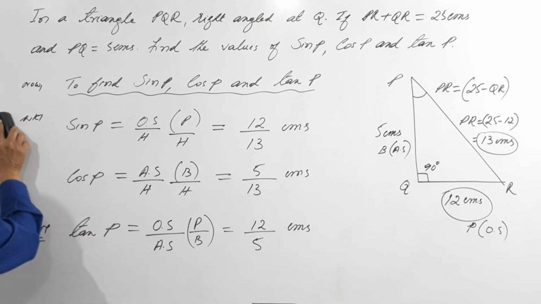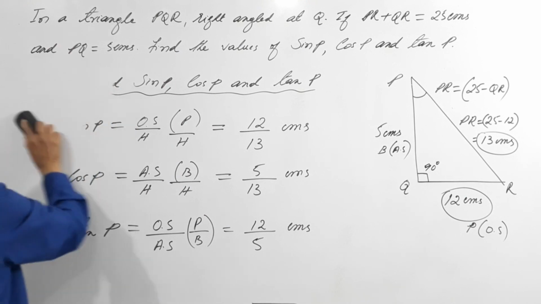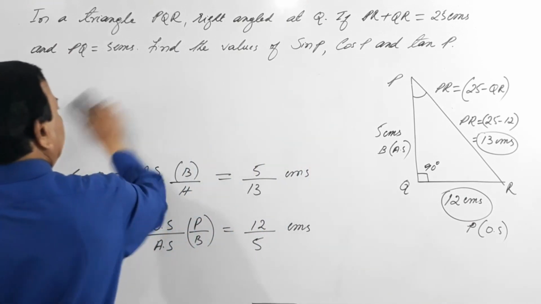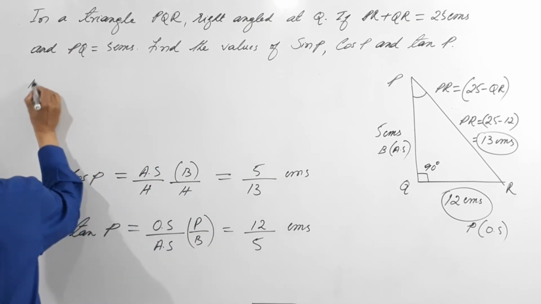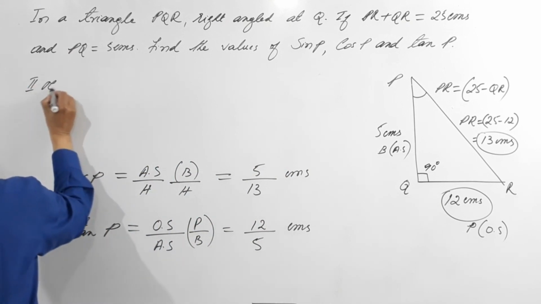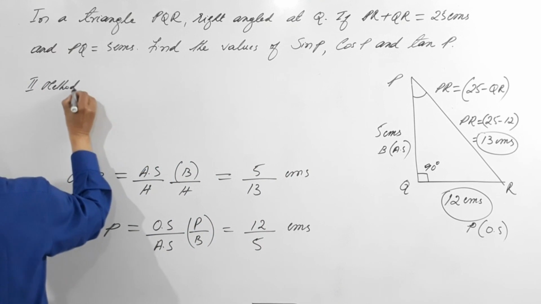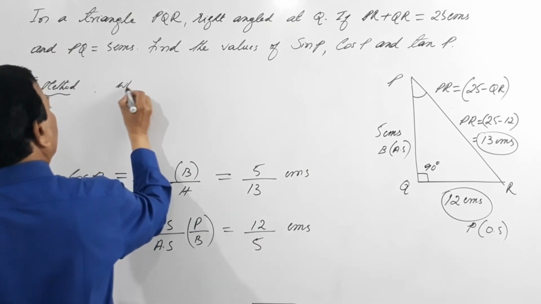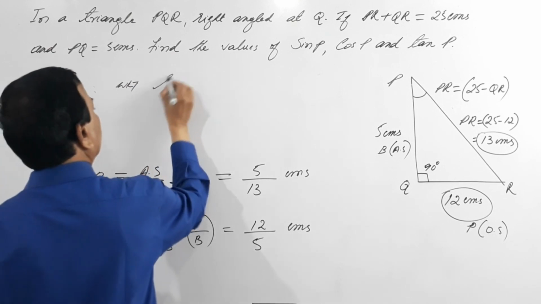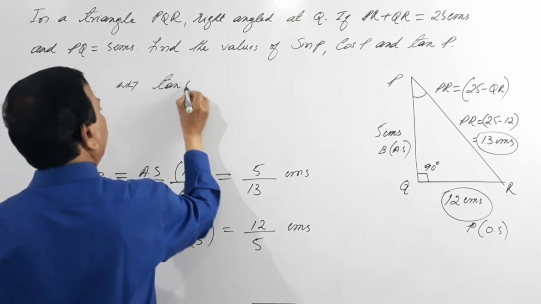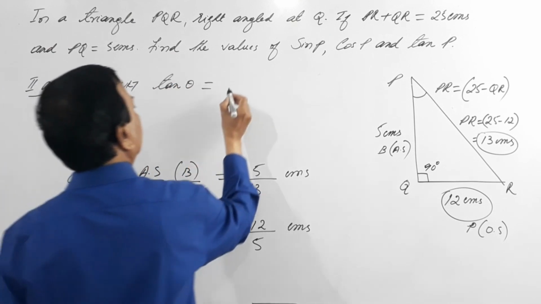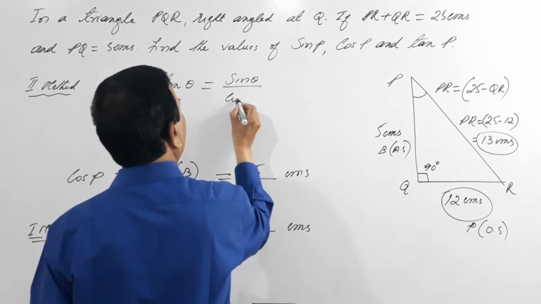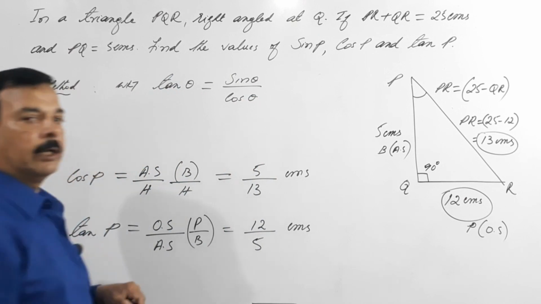So I'll rub this. Yes sir, rub it. So second method. We know that tan theta equals to sin theta by cos theta, right?